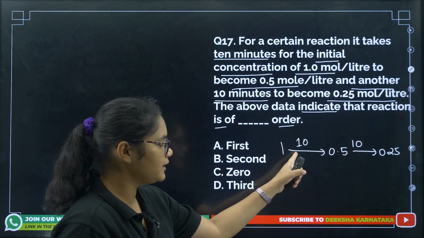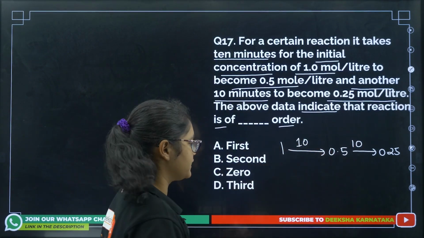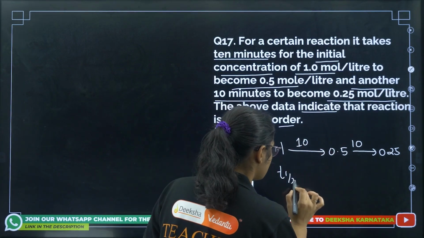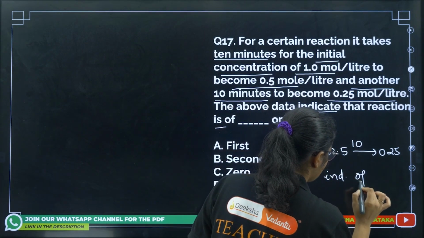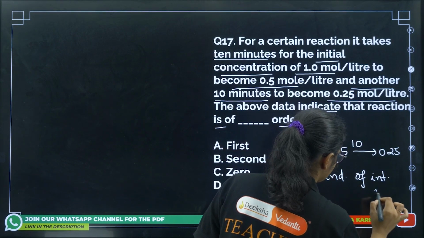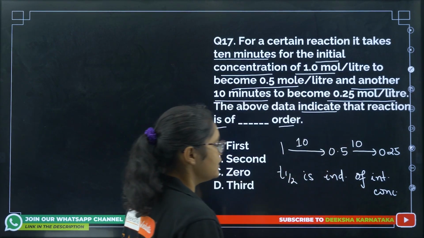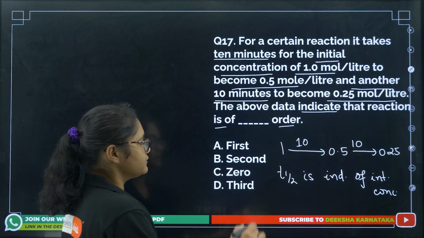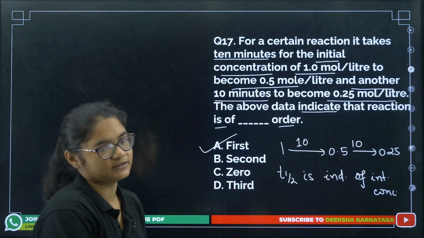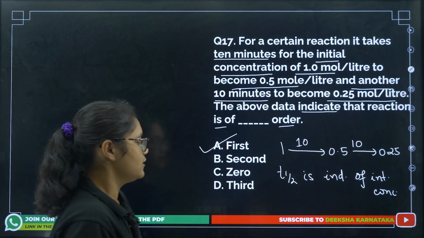So now if you see, the T half is independent of initial concentration. Now where can we find this type of thing? It is independent of initial concentration in case of first order. So we can say that this reaction is first order. Option number A. Okay, first order.